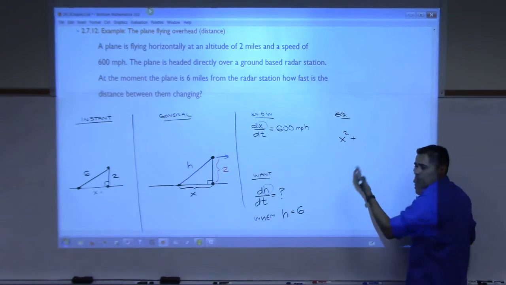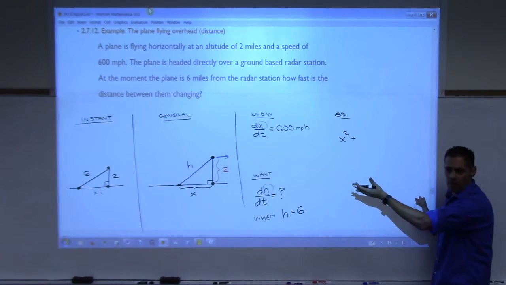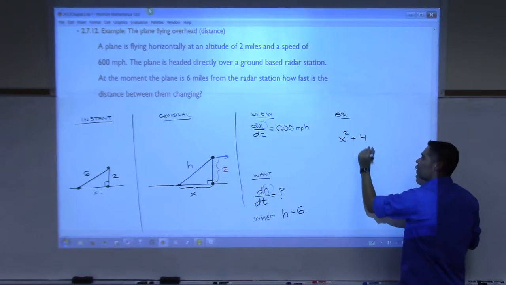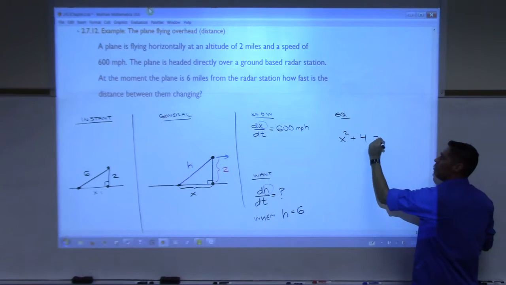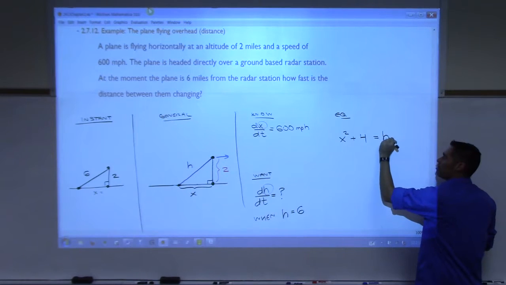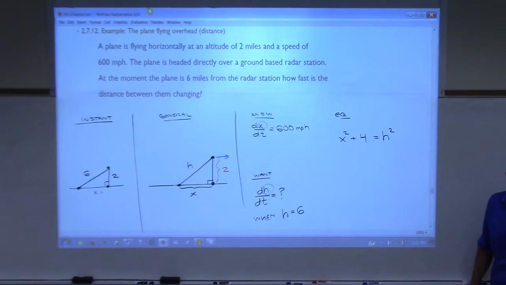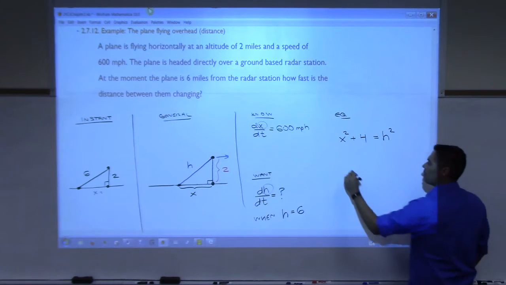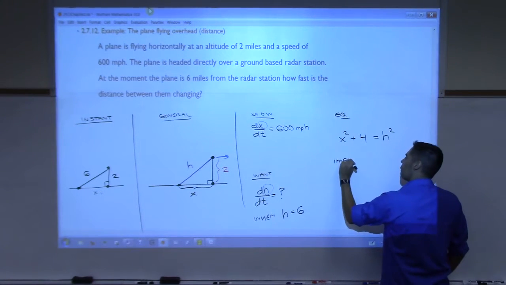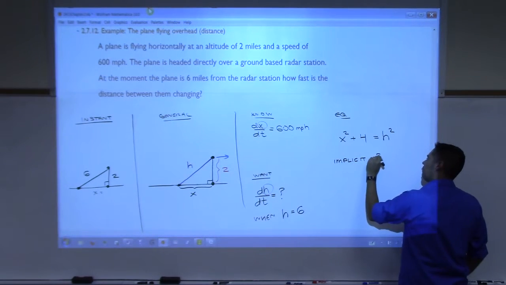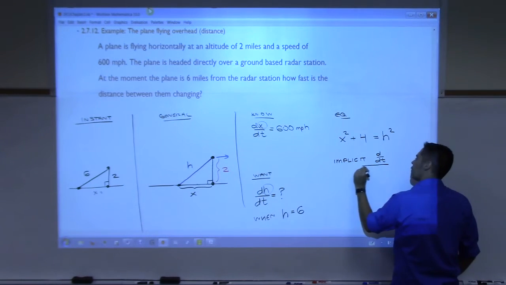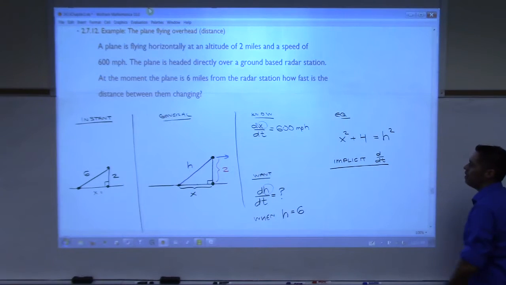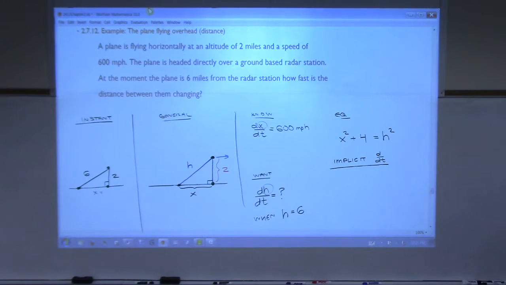Yeah, 2 is always 2 in this problem, right? That never changed. So I can write 2 squared, that's 4, must equal h squared. There's your equation. Has x and h in it. Great. I'm going to differentiate it now, with respect to time. Derivative of x squared.